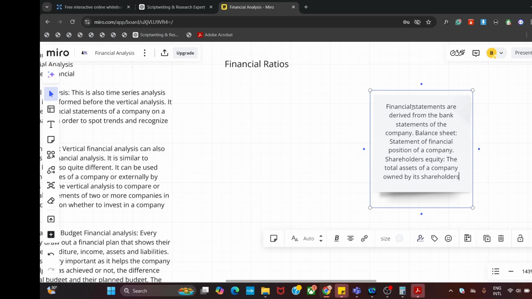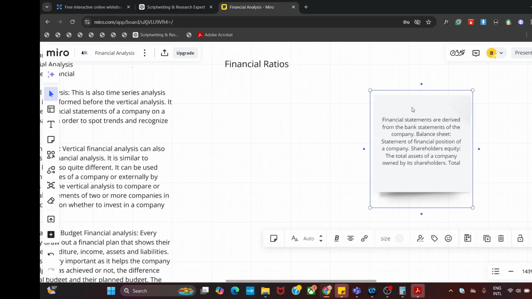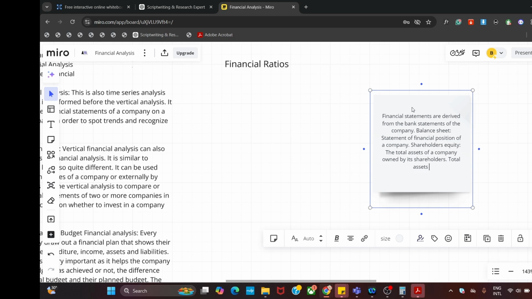You can calculate the shareholders' equity using the formula total assets minus total liability.